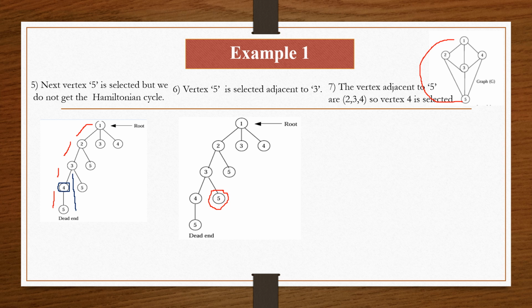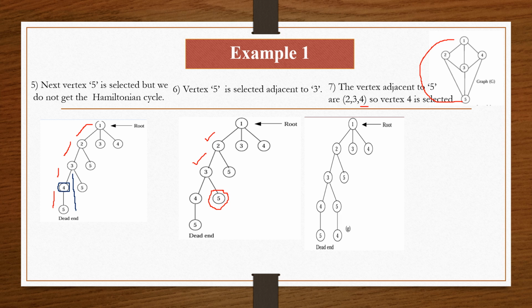And from 5 we can go to 2, 3, 4. 2 is already explored, 3 is already explored. So the only option left is 4. So from 5 I will go to 4. And now let us explore 4. 4 is connected to 1 and 5.